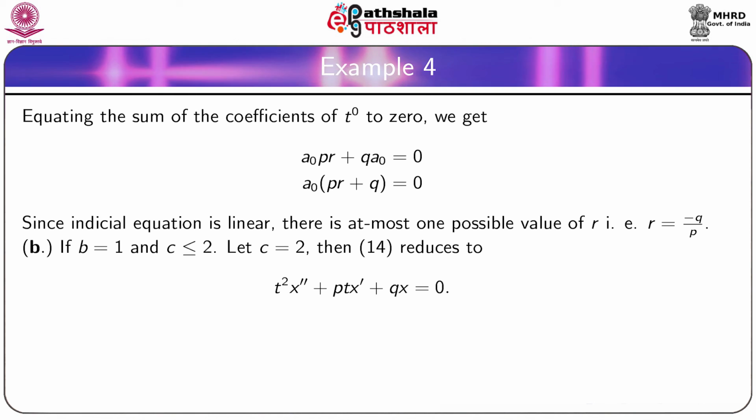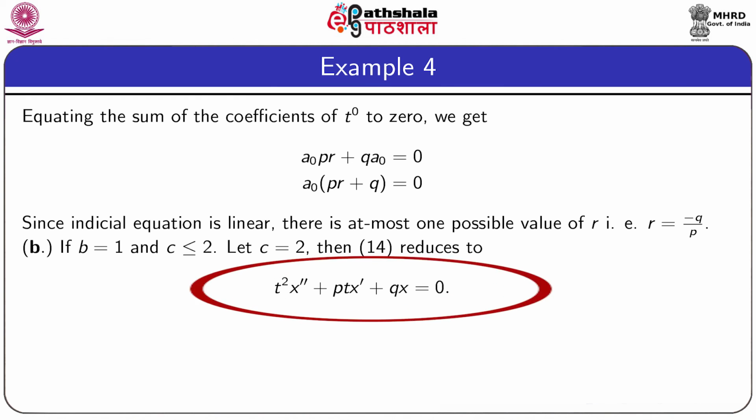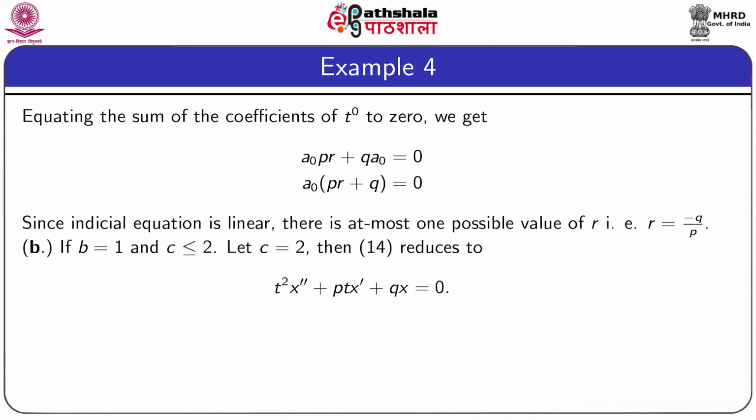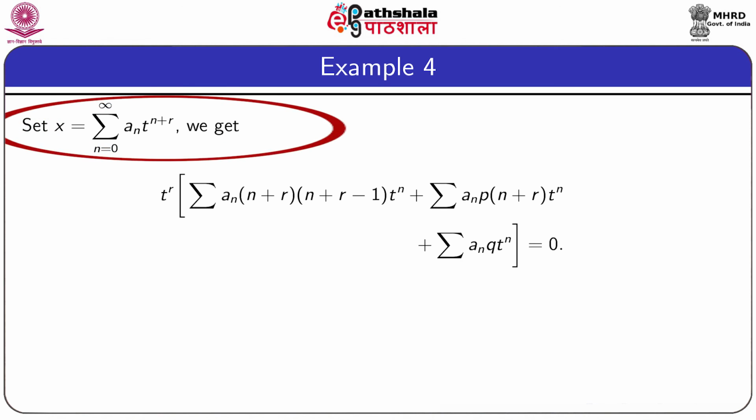If b is equal to 1 and c is less or equal to 2, say for example we take c equal to 2, then the given equation 14 reduces to t square x double dash plus p t x dash plus q x equal to 0. We again set x(t) is equal to summation n equal to 0 to infinity a_n t to the power n plus r.